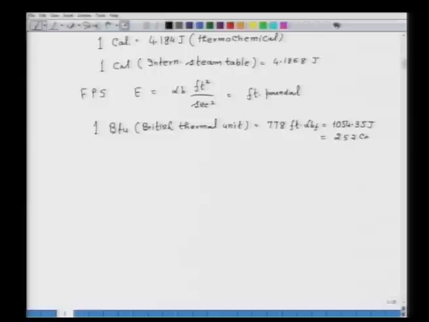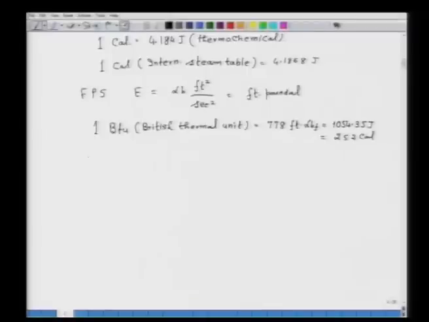252 calorie. Now, mind you, these interconversions are many times required, and many times we are confused about what value should be used. So, you should be able to derive them from the basic quantities. Also remember, 1 kilocalorie is very simple: 1 kilocalorie is equal to 1000 calorie.